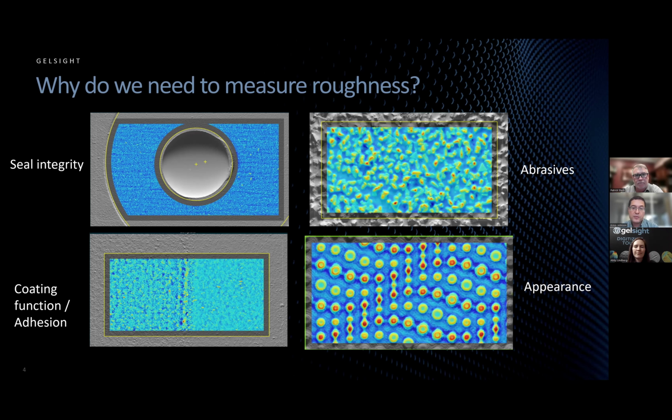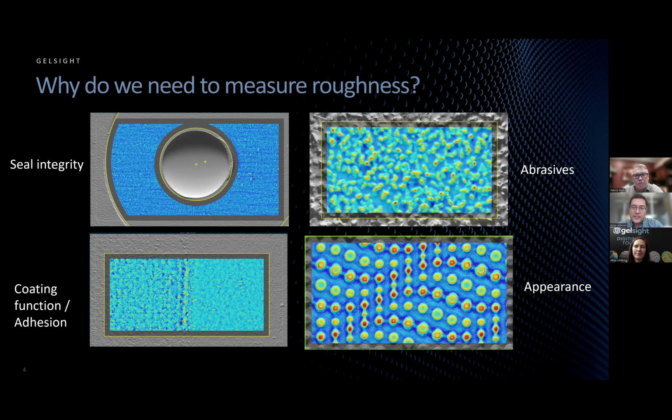And for all of these reasons and more, people are interested in surface roughness. But the thing about roughness, profile roughness or surface roughness, is that it's not as straightforward to measure as something like a hole diameter or a length or a width. And there's a bit of understanding that needs to go into the choice of parameters and how to do the measurement such that you can get a repeatable, reproducible measure.